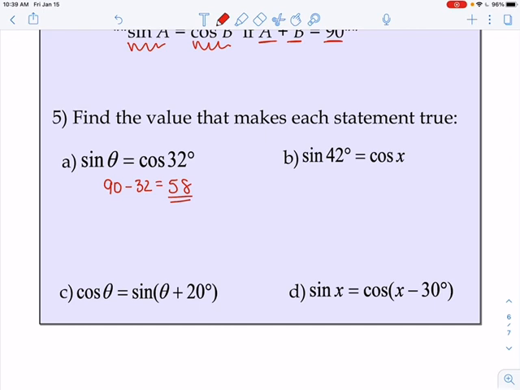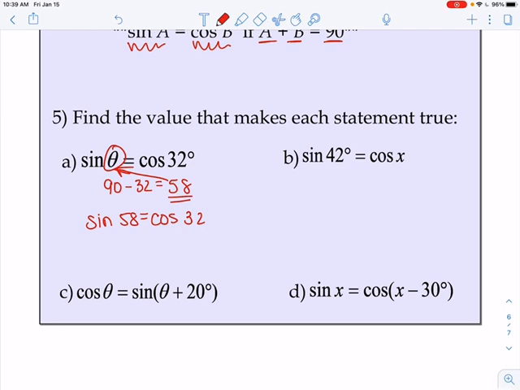The sine of 58 is going to equal the cosine of 32. Again, this is really like x, so we were just finding x there. So the sine of 42 equals the cosine of x. This time I used an x.